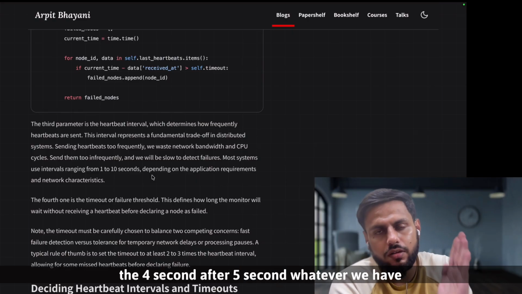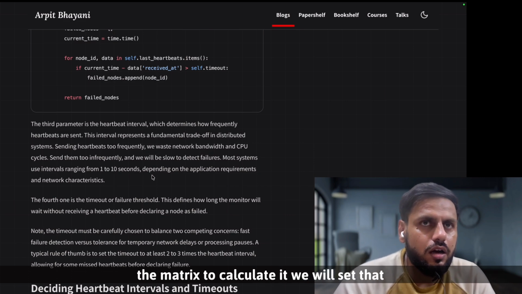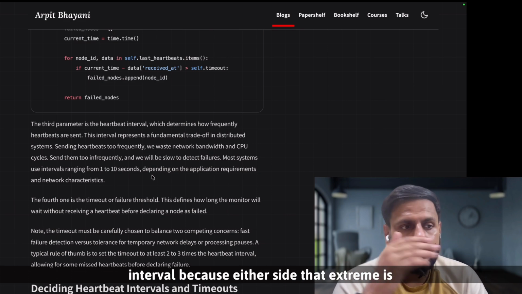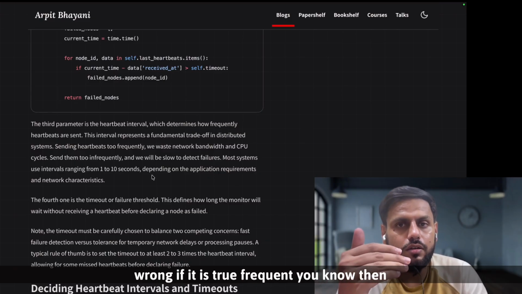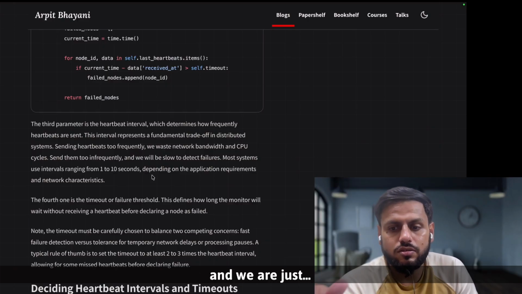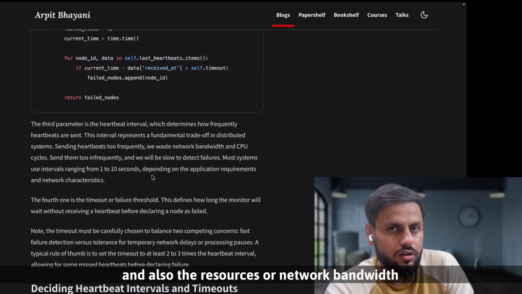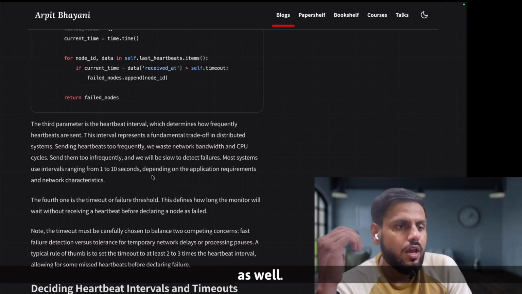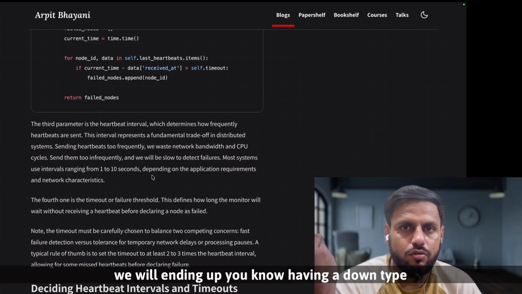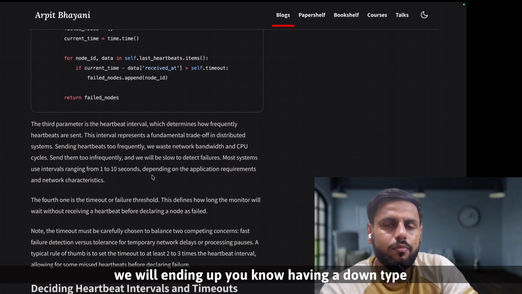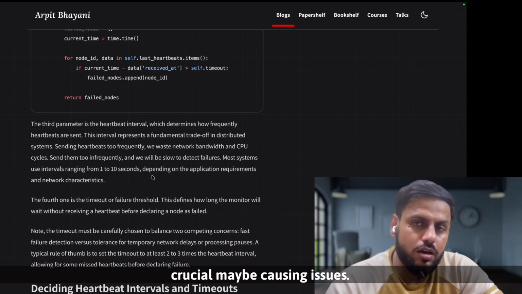After 4 seconds, after 5 seconds, whatever our metrics say, we will set that interval, because either extreme is wrong. If it is too frequent, then we are just wasting CPU cycles, resources and network bandwidth as well. And if it is too late, then we end up with a downtime of a few seconds, which may be crucial, maybe causing issues.